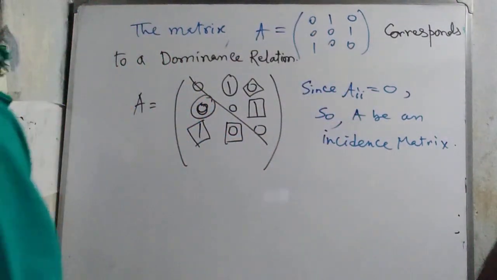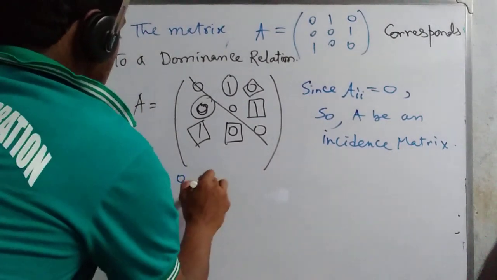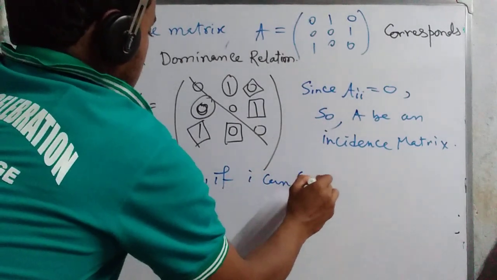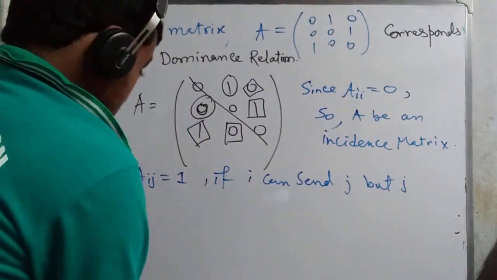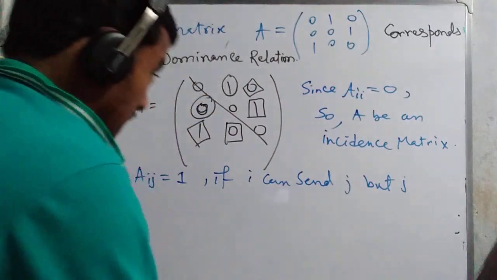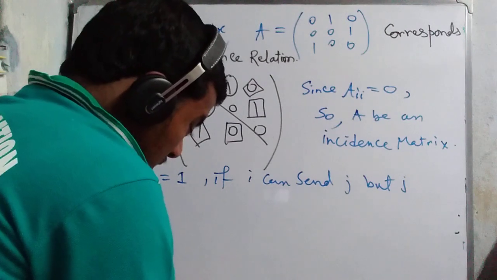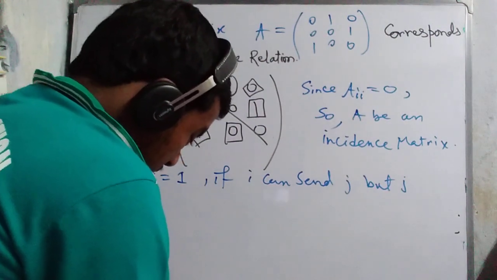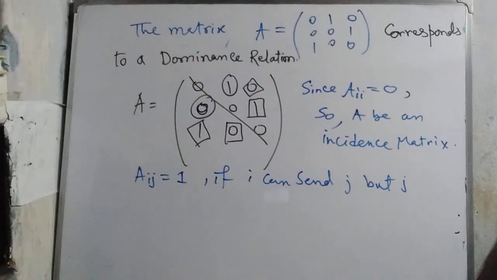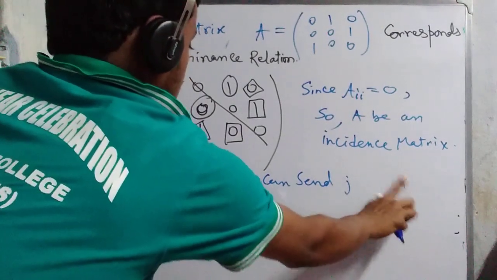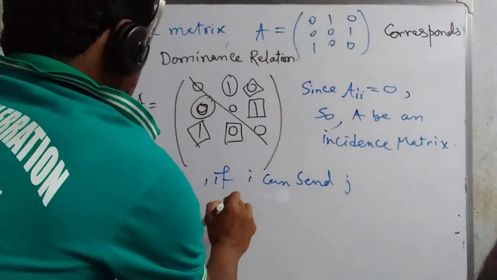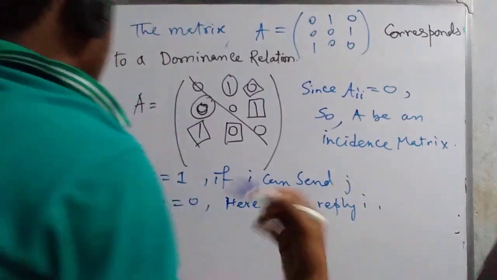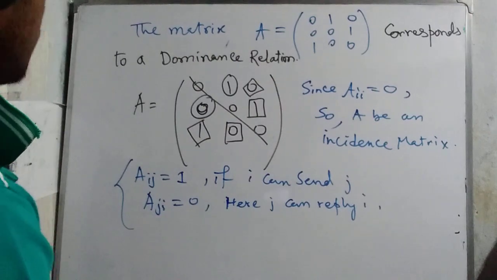Next, a_ij equals 1 if i can send a message to j, but j cannot reply. Here a_ij equals 1 and a_ji equals 0, meaning j can't reply to i.